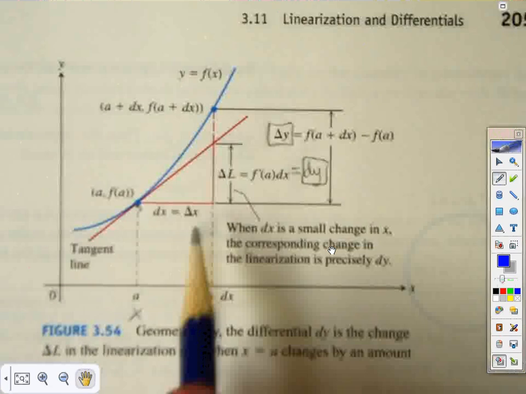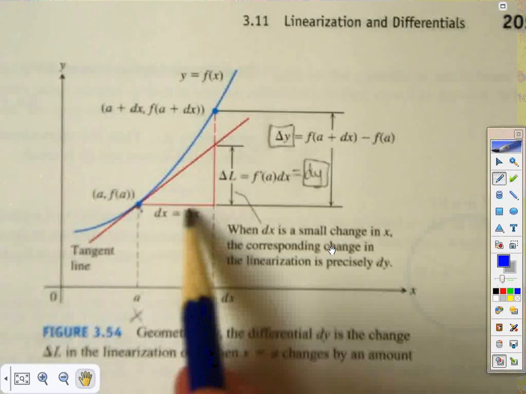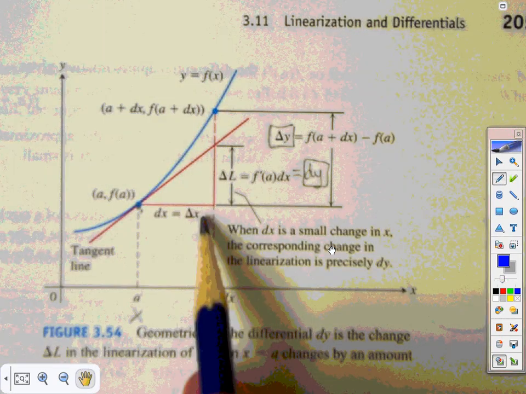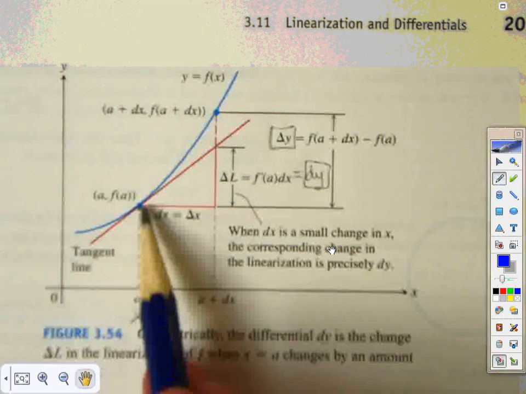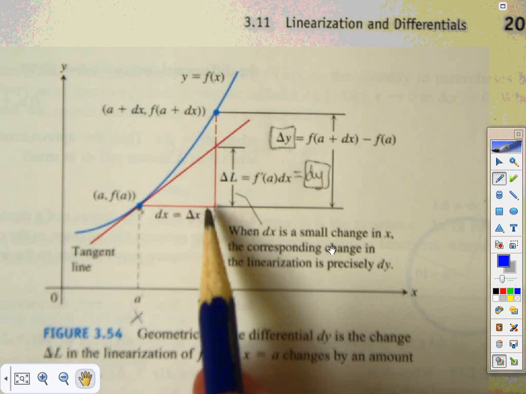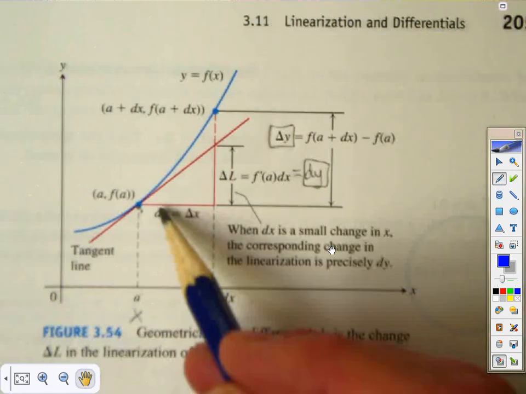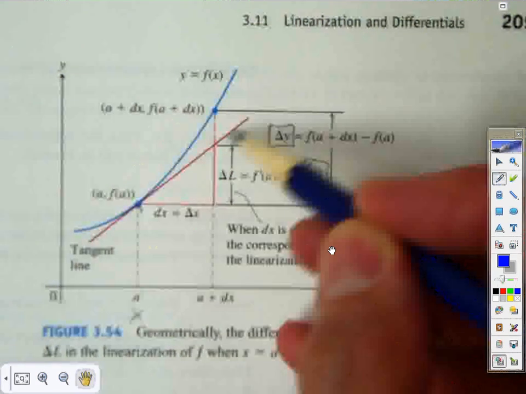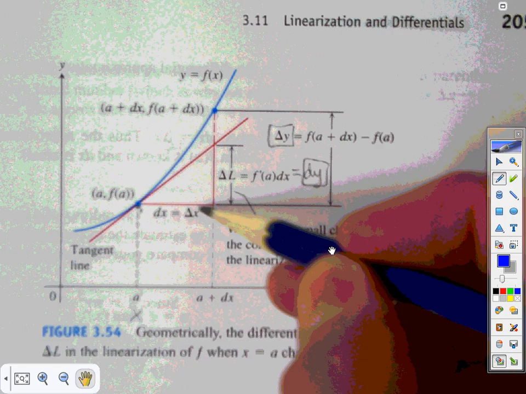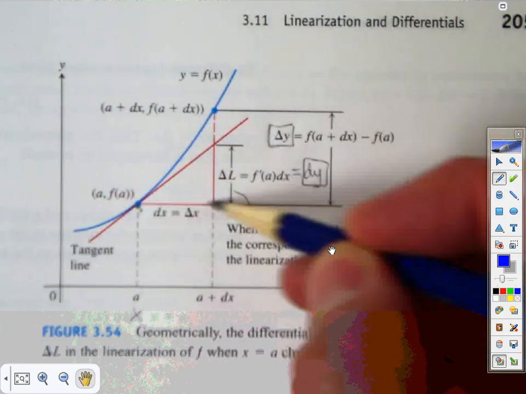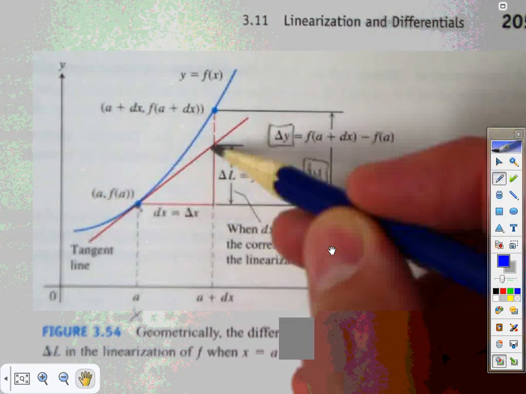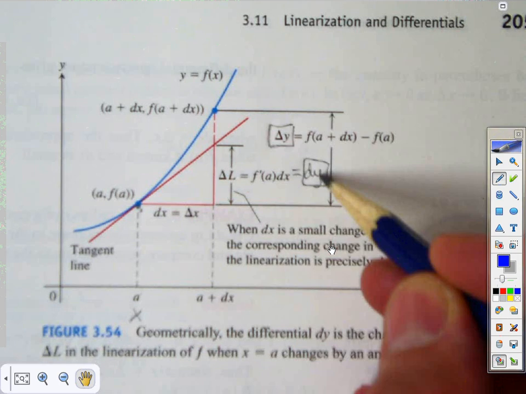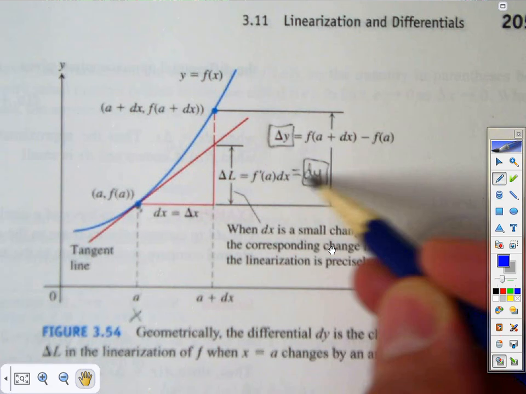Here, travel. Now, delta x is equal to what? 0.2, right? So we're going to pretend this is 0.2 spaces, okay? This tangent line, the distance from here to the tangent line, at the end of all this I want you to write dy.